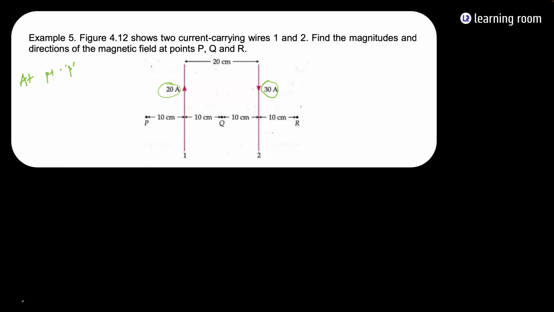If I call this the first conductor, this the second conductor, what is going to be the magnetic field due to the first conductor? It will be mu naught I1 divided by 2 pi A1.